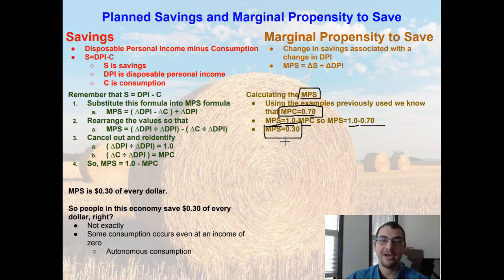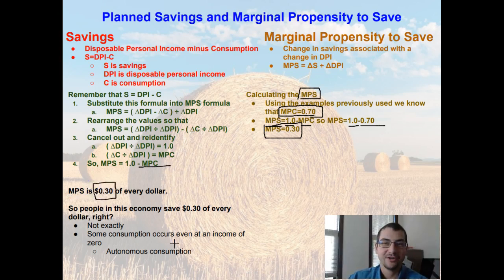Woo! After all that, we finally got to it. So now we know how to calculate marginal propensity to save, and it's a heck of a lot easier because you're simply just calculating 1 minus the marginal propensity to consume. So the MPS is equal to 30 cents of every dollar.